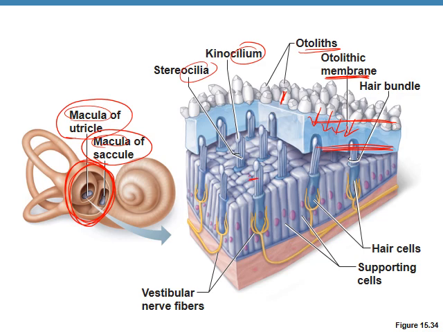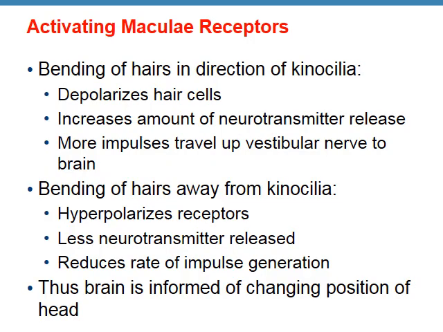What's going to happen, do you think? Do you think these hairs are going to bend? And if the hairs bend, they're going to release a neurotransmitter. And if they release a neurotransmitter, it'll cause a generator potential or local potential, which will turn into an action potential if enough of them are fired. Bending of the hairs in the direction of the kinocilia. The kinocilium is the taller one.